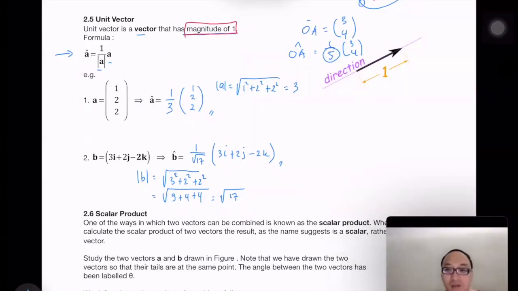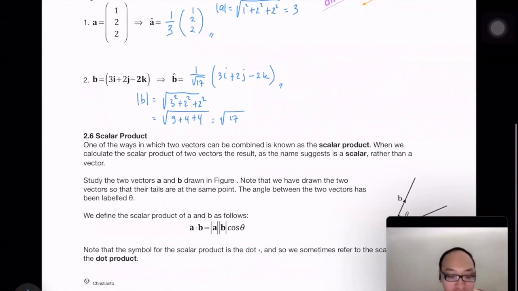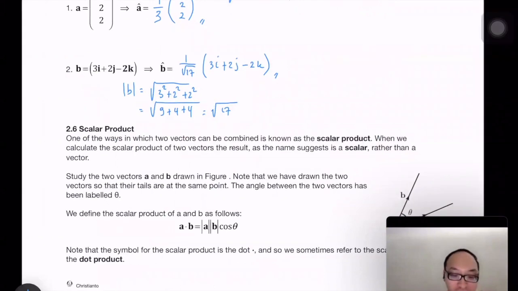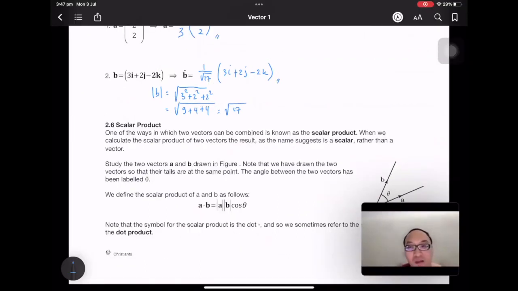Next, move on to scalar product. Using a scalar product, we can determine the connection of two vectors. Now, based on the name, scalar product will produce a scalar. It's not a vector, it's a scalar.